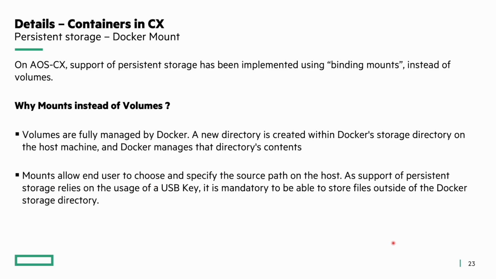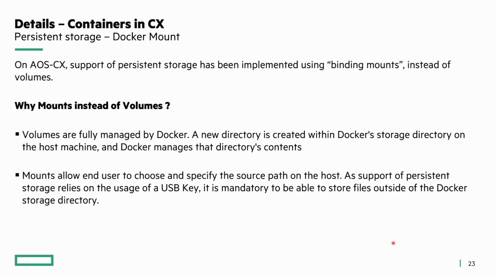On AOS-CX, the support of persistent storage has been implemented using bind mounts instead of volumes. Why bind mounts instead of volumes, while the latter is maybe the most well-known way to store data with containers? Volumes are fully managed by Docker.